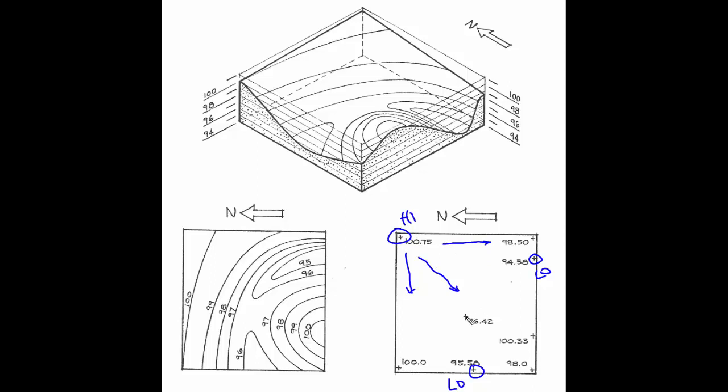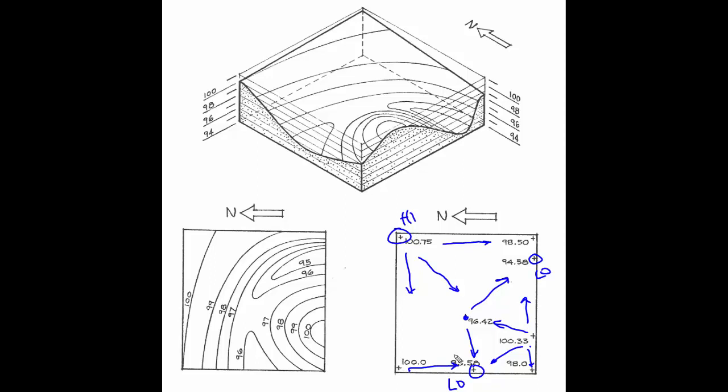And if water fell here at this location, it would flow this way and that way, wouldn't it? If it fell here, it would flow this way and this way and that way, wouldn't it? Okay?